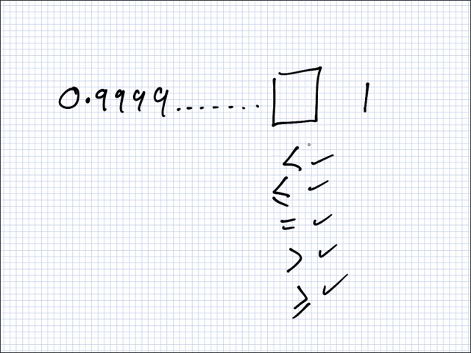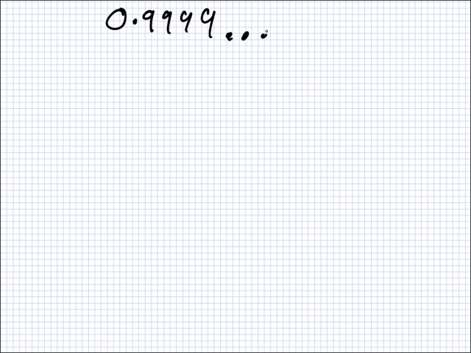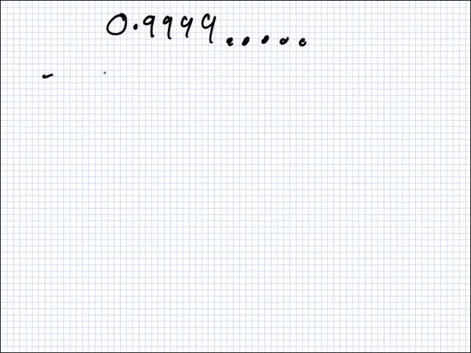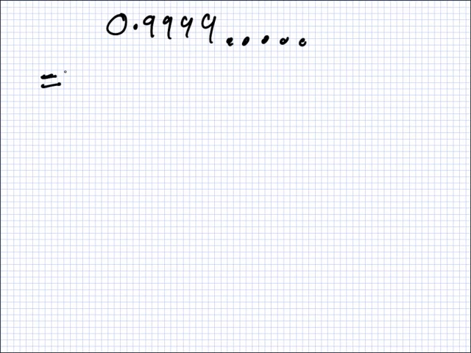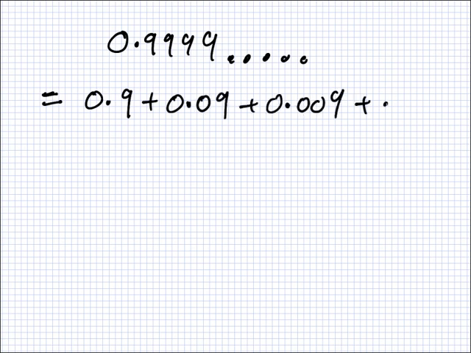Yeah, let's have a look. So this is an infinite recurring decimal. Let's have a look. So you can change this into 0.9 plus 0.09 plus 0.009, and so on.